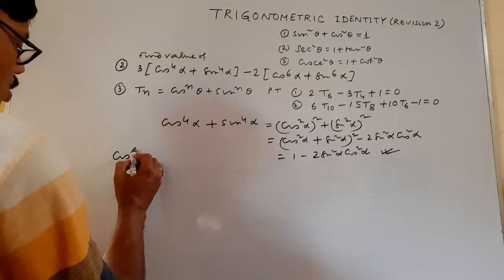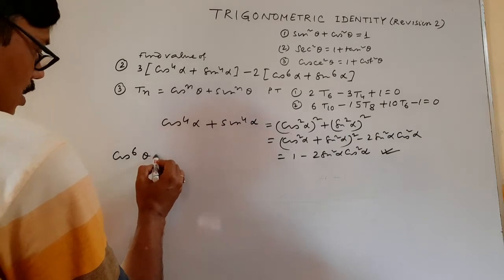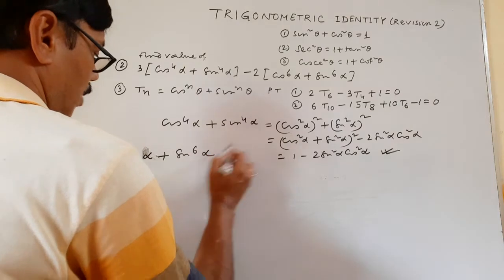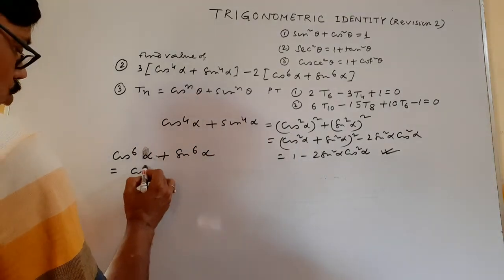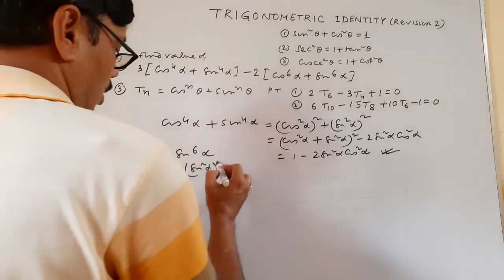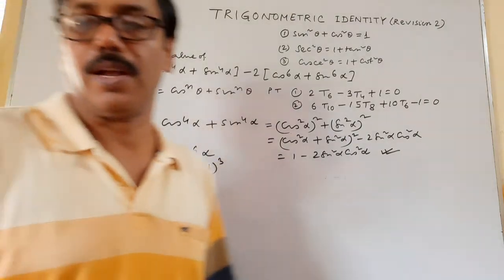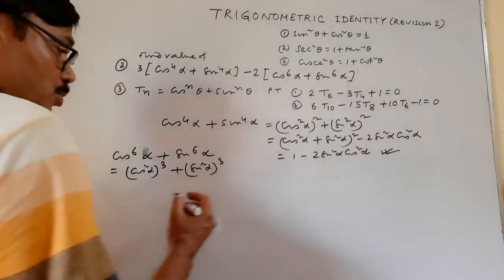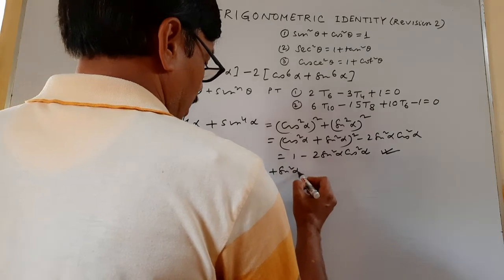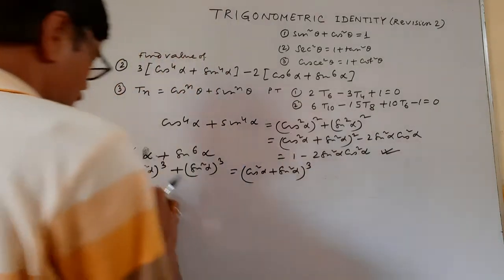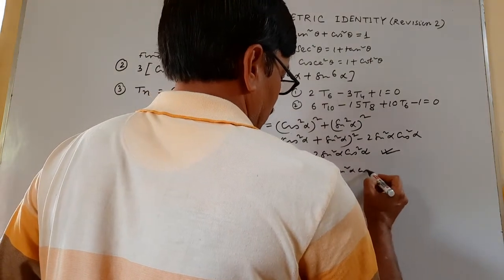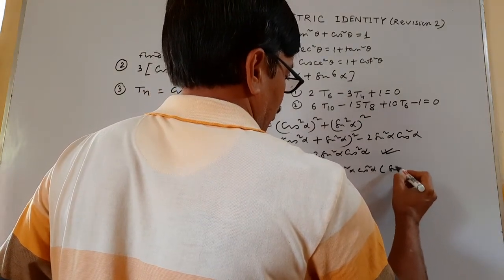Similarly, cos to the power 6 alpha plus sine to the power 6 alpha. This is cos square alpha whole cube plus sine square alpha whole cube, a cube plus b cube. So this is a plus b whole cube minus 3ab into a plus b.